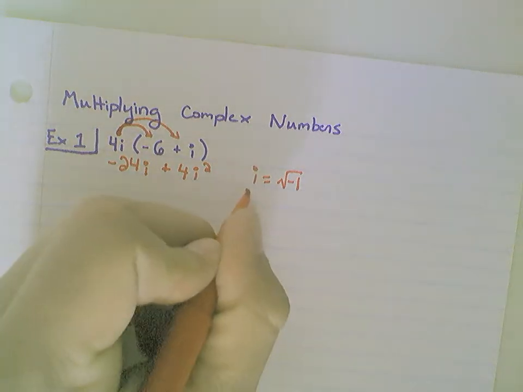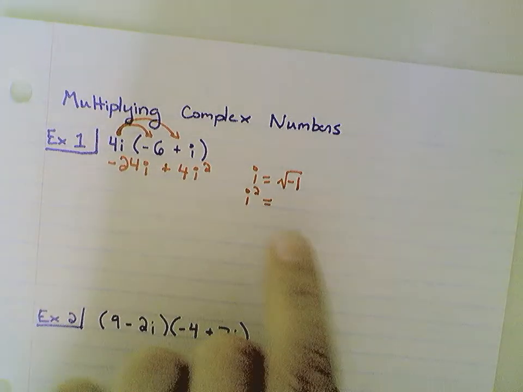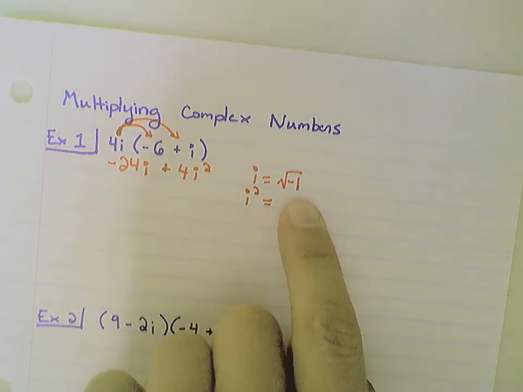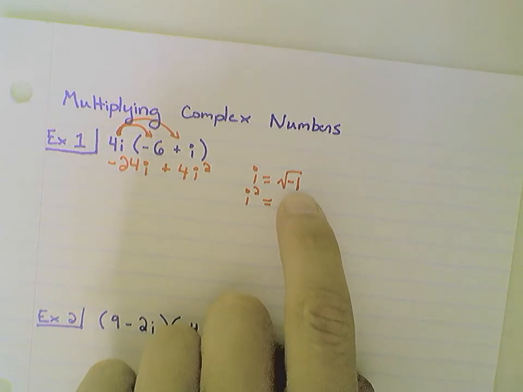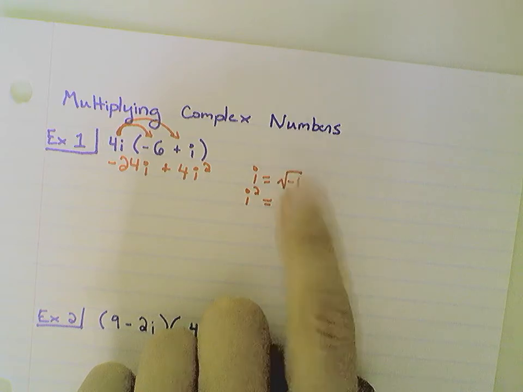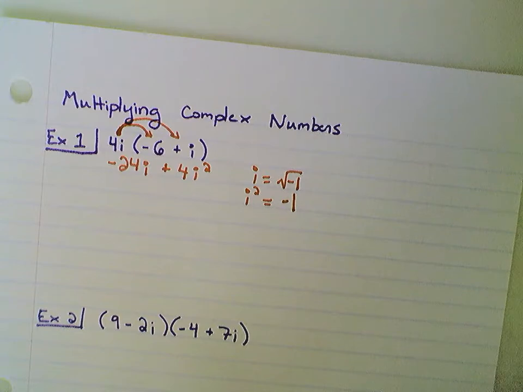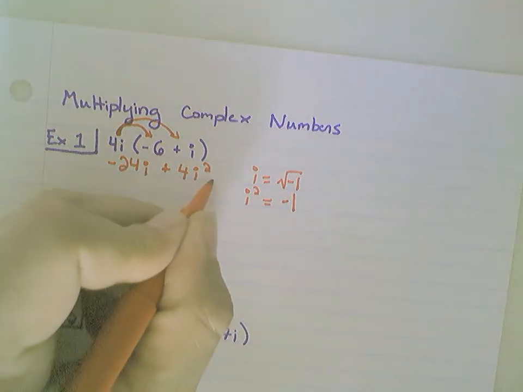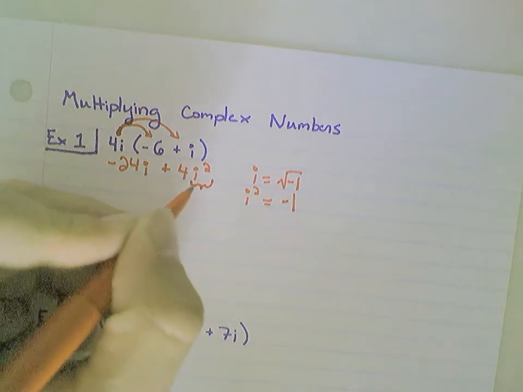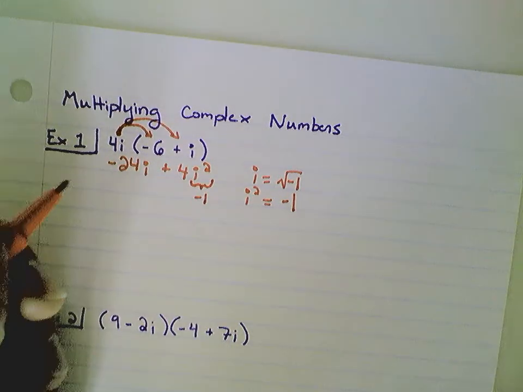Well, i squared is going to be equal to the square root of negative 1 squared. Well, if you square the square root of negative 1, i squared is really equal to negative 1. So this part of this term is really equal to negative 1.